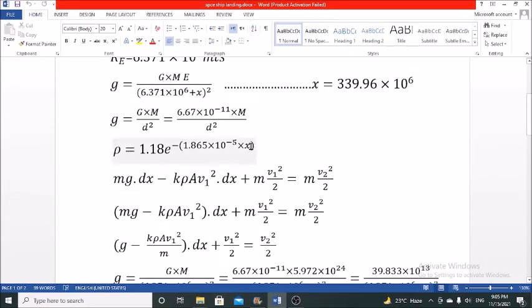At the surface of the earth, the density of air would amount to 1.18, because if we substituted with x equals 0, that is the body at the surface of the earth, no height between the surface of the earth and the body, x equals 0 would get rho equals 1.18.